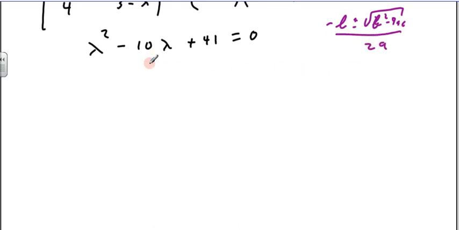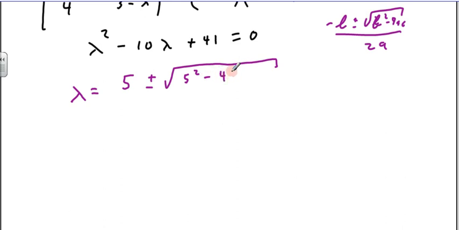But if I change the formula to be minus 2 times 5, I can use a half quadratic formula and say that lambda is equal to minus b, which is 5, plus or minus square root of 5 squared minus 41, divided by 1. 25 minus 41 is minus 16, so I end up with 5 plus or minus 4i.